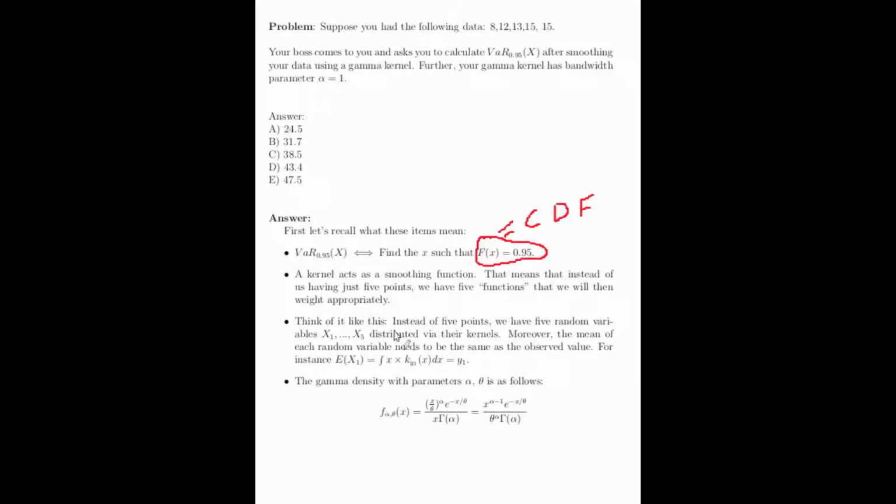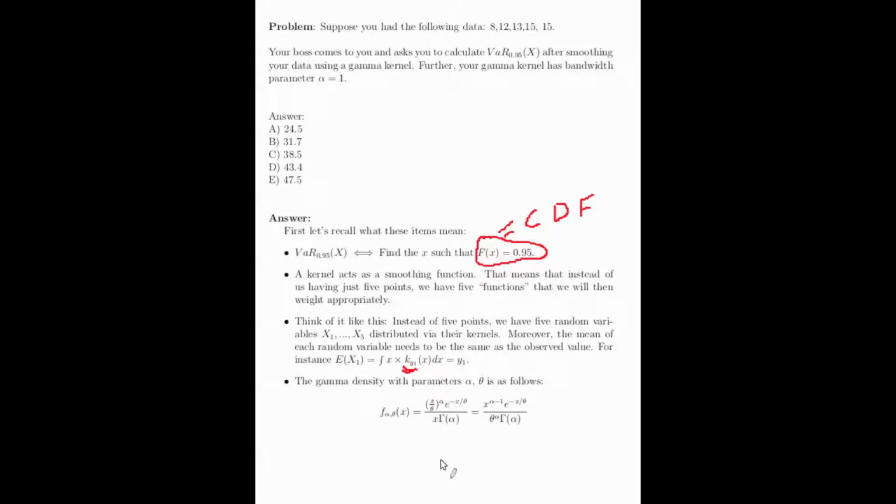Mathematically, if x1 is the random variable, the integral of x times k_{y1}(x) dx is equal to y1. Notice the kernel here is dependent upon y1, and the expected value of x1 is equal to y1. Similarly, the expected value of x2 is equal to y2.